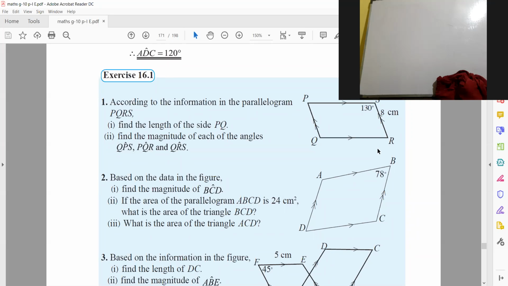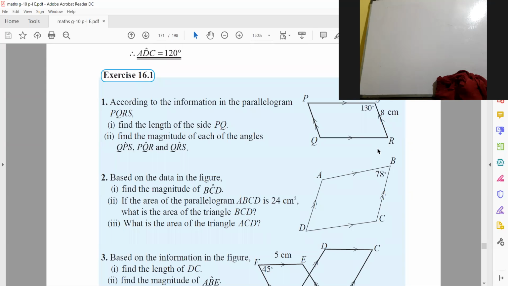Yeah, I think you have done the question. Jasmine has given the answers. Now I'll do it on the board quickly. Here's the parallelogram PSRQ.